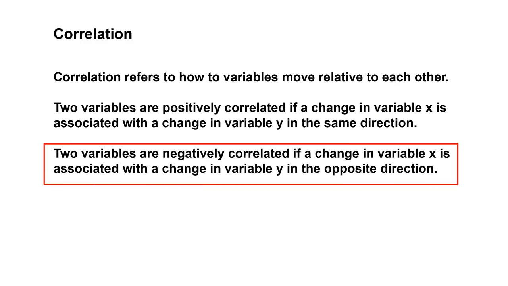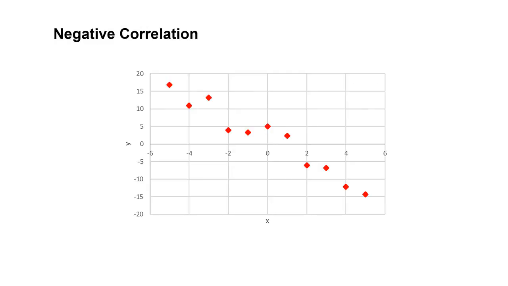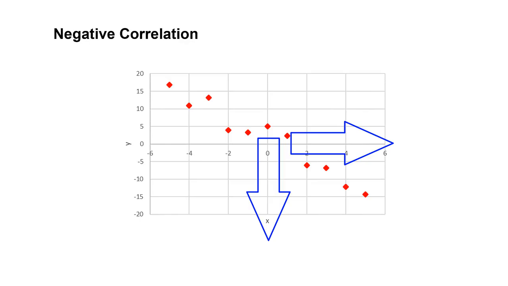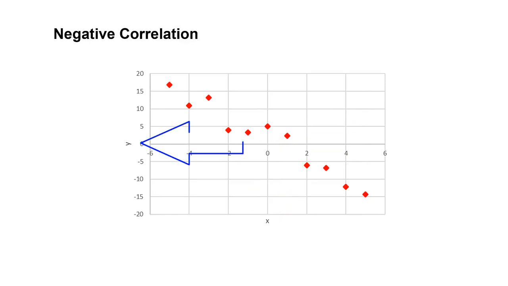Two variables are negatively correlated if a change in variable x is associated with a change in variable y in the opposite direction. So here, a positive change in x leads to a negative change in y. Likewise, a negative change in x results in a positive change in y. So these variables are negatively correlated.